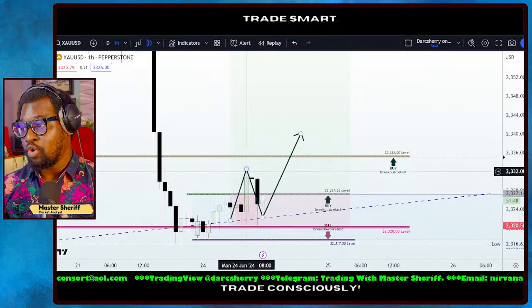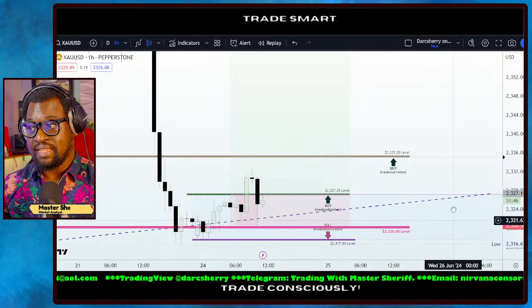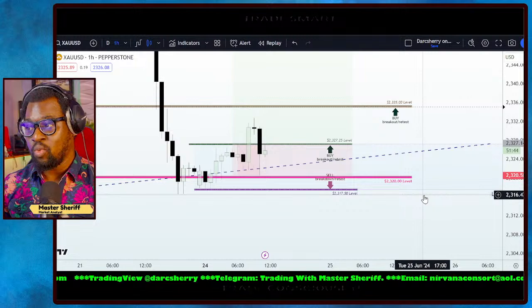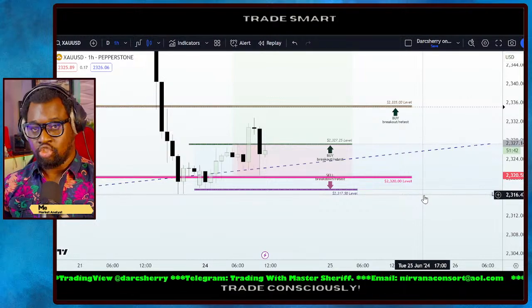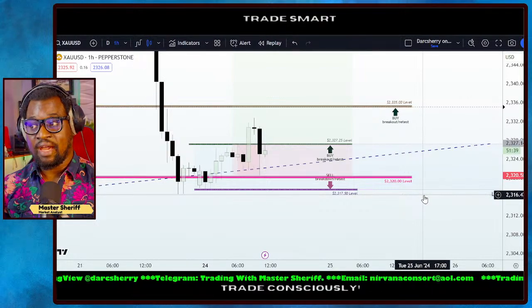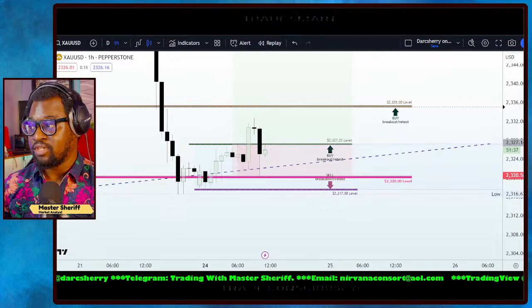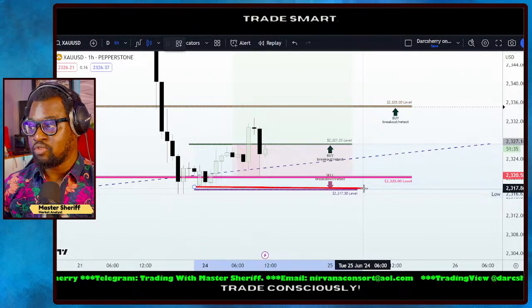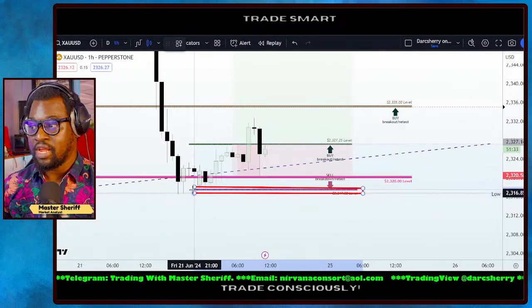So if we are going to be selling the XAUUSD today, I would only want to see price drop below the key level, drop below the ascending trend line, and of course break down the support line of that range bound structure at the $2,317 area.